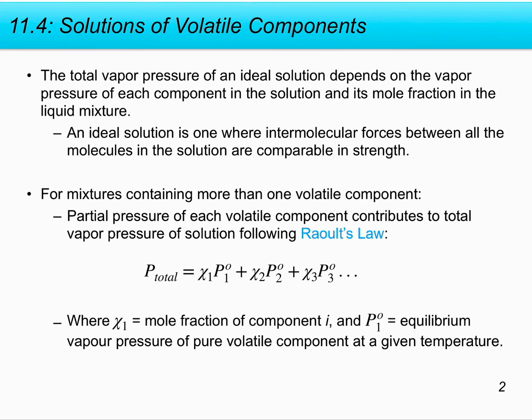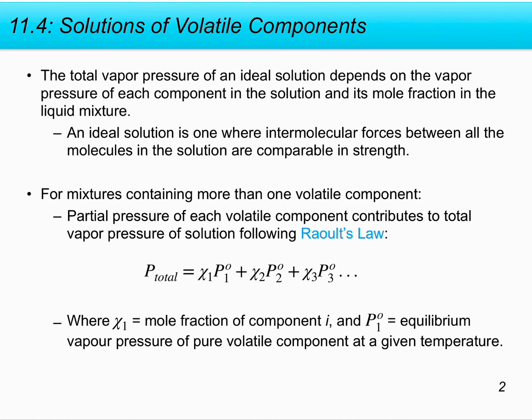So for example, if we had a mixture of water and ethanol, the total vapor pressure would be a combination of whatever vapor pressure is from water and whatever vapor pressure is from the ethanol. And the vapor pressure is determined both by the vapor pressure of the pure substance as well as how much of that pure substance is within the solution.